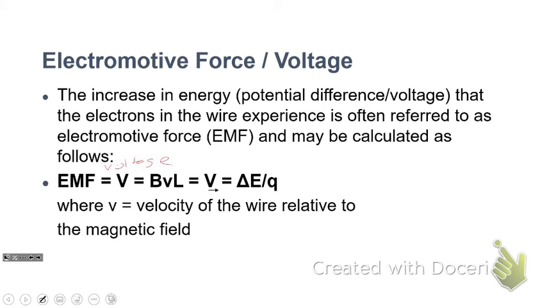So just be aware, when it asks for a voltage of a system, you can calculate the electromotive force, too, right? So to find the voltage, find the electromotive force, which is this formula here, okay?